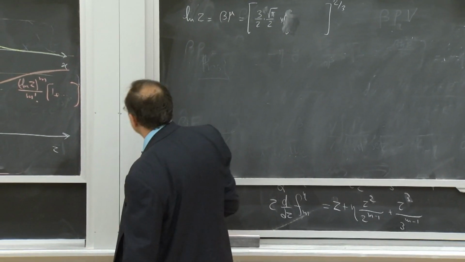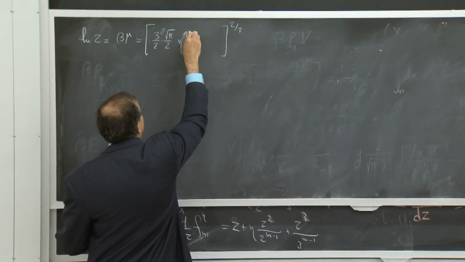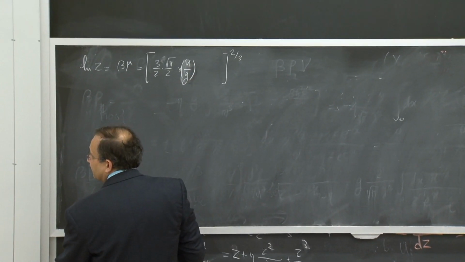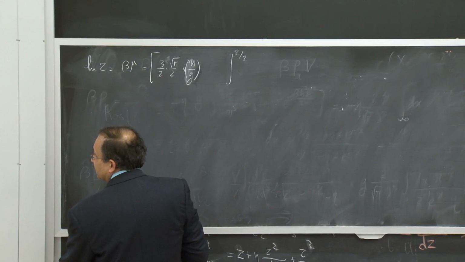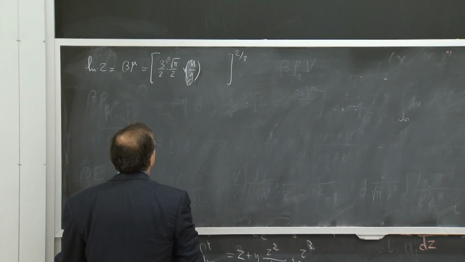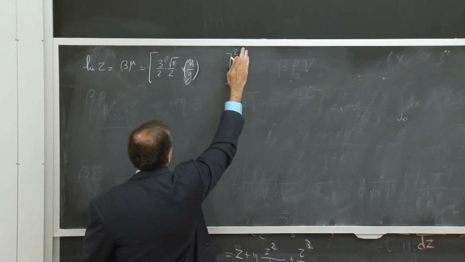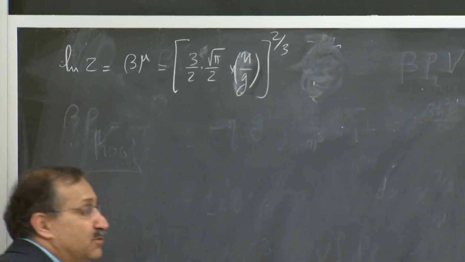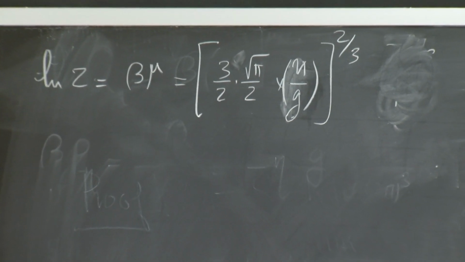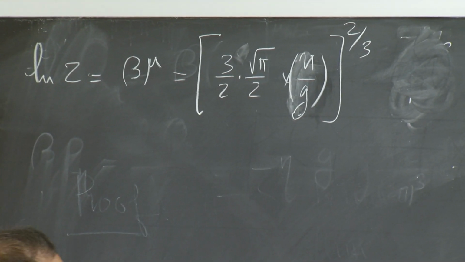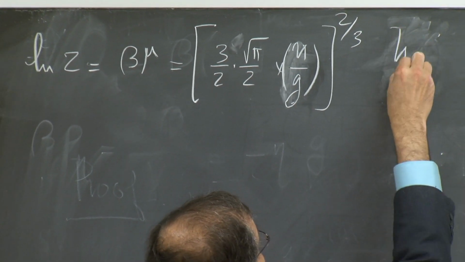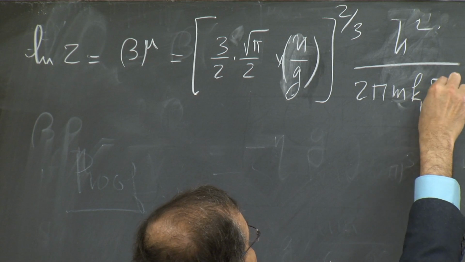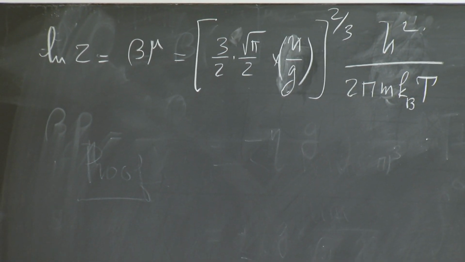So write it in this fashion: n over g, and then I have lambda cubed. Let me put this to the 2/3 power, because lambda cubed to the 2/3 power is simply lambda squared. And lambda squared is going to be h squared divided by 2 pi m kT. So this is lambda cubed.